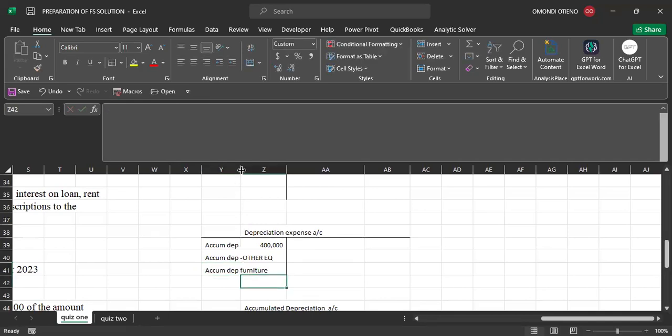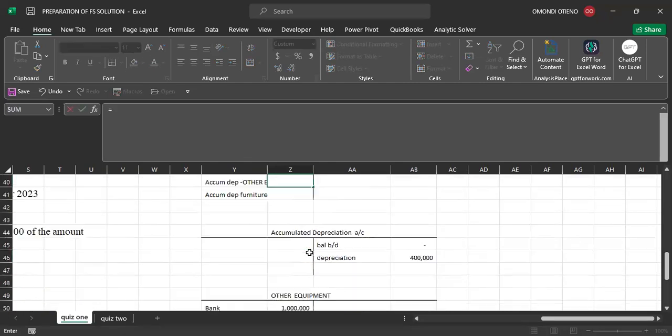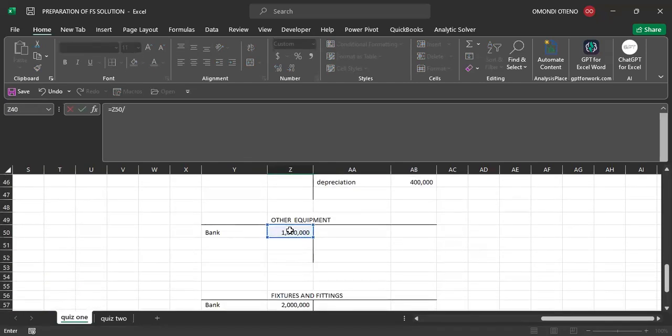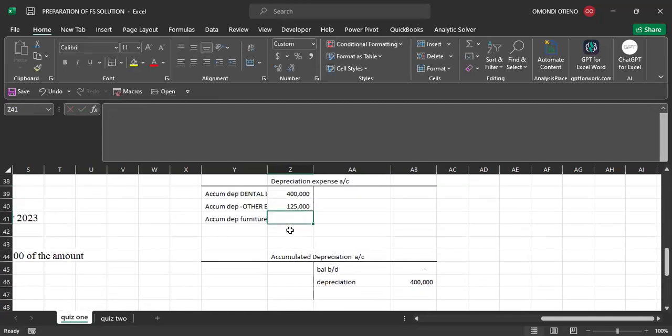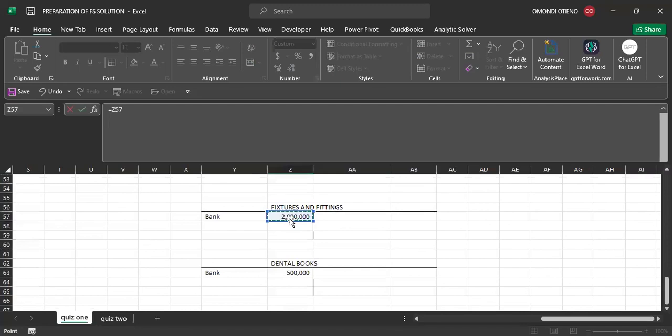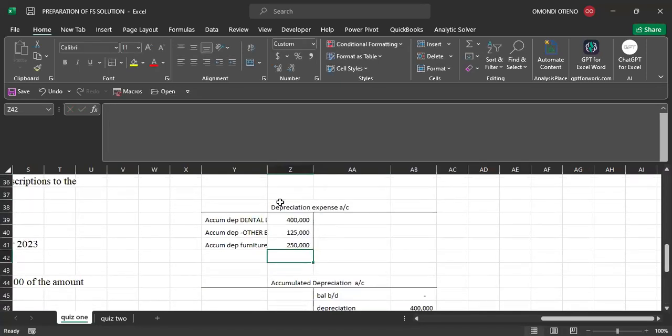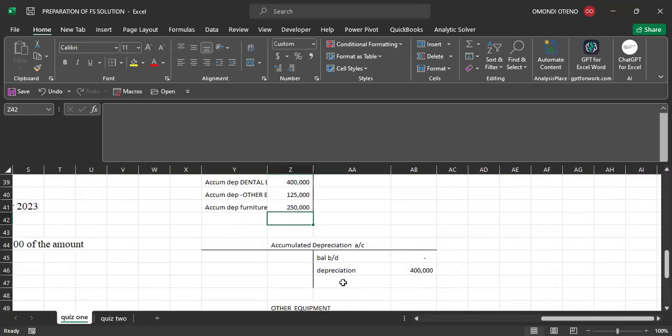For the dental books, we are going to have an amortization account and accumulated amortization. So here, other equipment, we are told it's supposed to take 8 years. This is the cost. Furniture, this is the cost. It's supposed to take 8 years. Now, all these are supposed to be taken to accumulated depreciation.